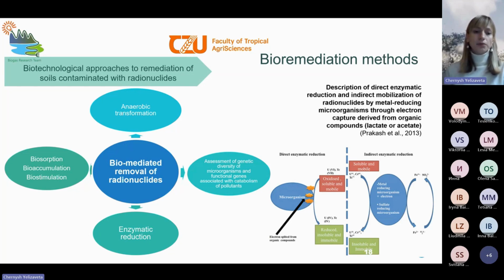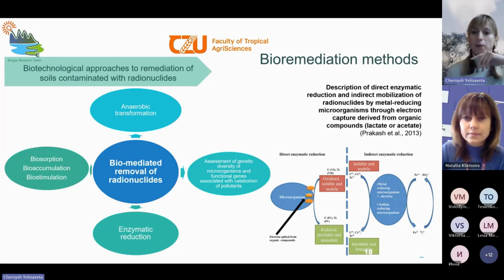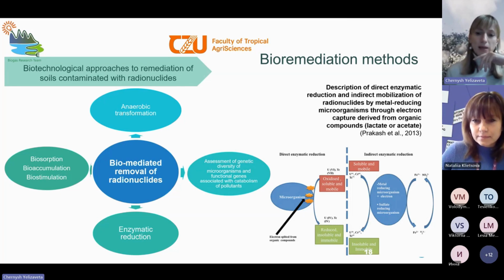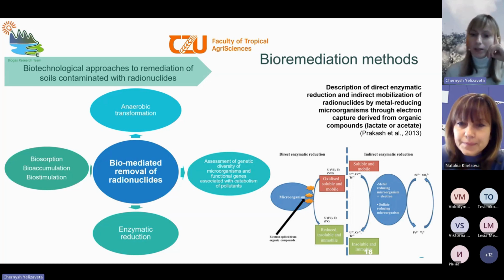It is also covered by different conditions, anaerobic transformation and aerobic conditions, depending on the process we use. Here is presented, for example, a description of enzymatic reduction and indirect mobilization of radionuclides by metal-reducing microorganisms, and the mechanism of direct enzymatic reduction by metal-reducing microorganisms.